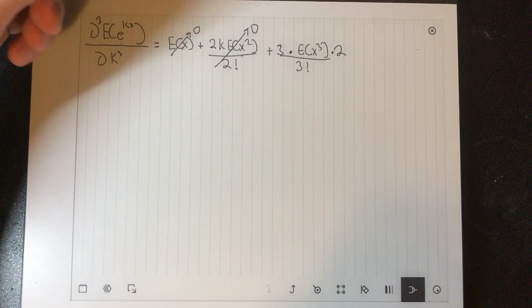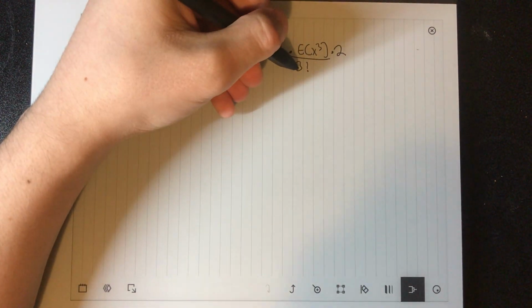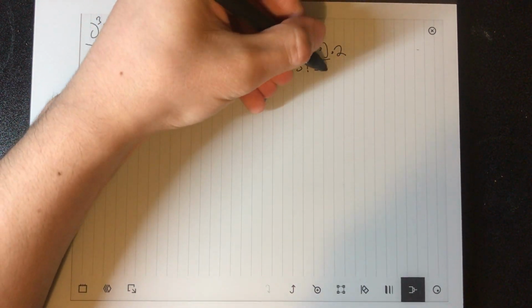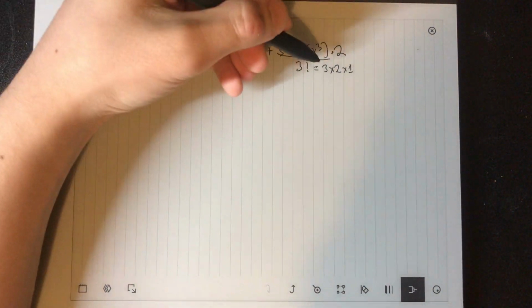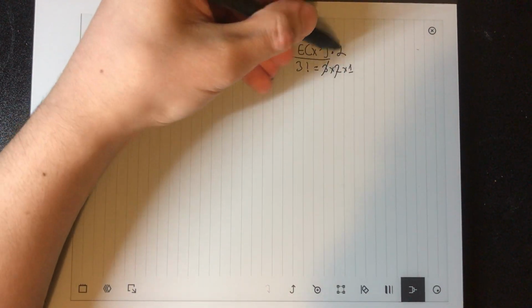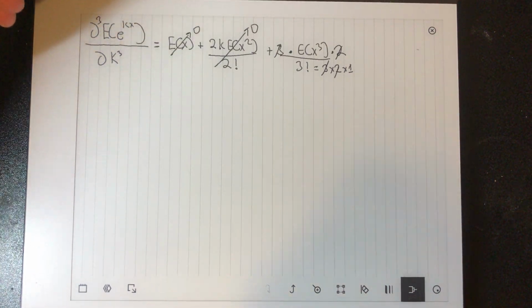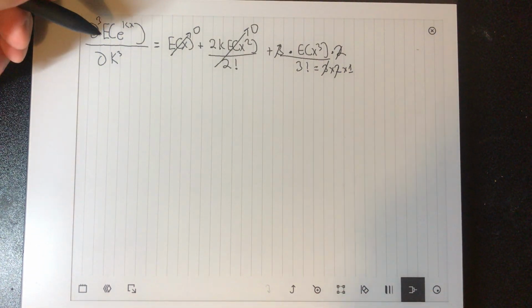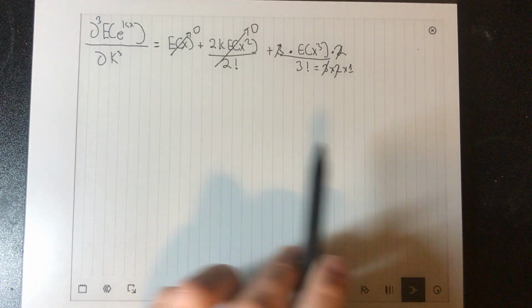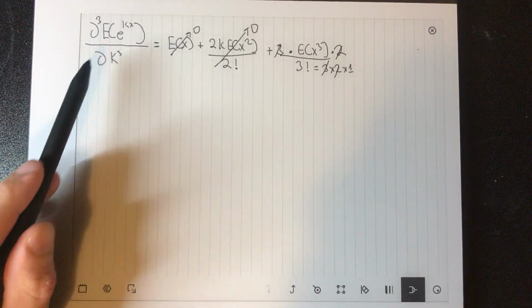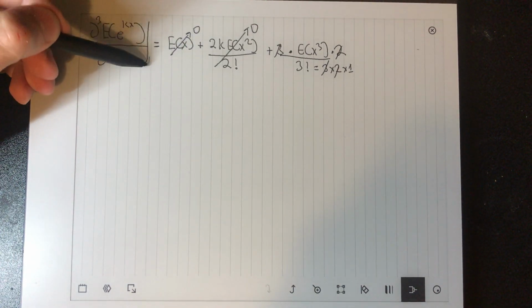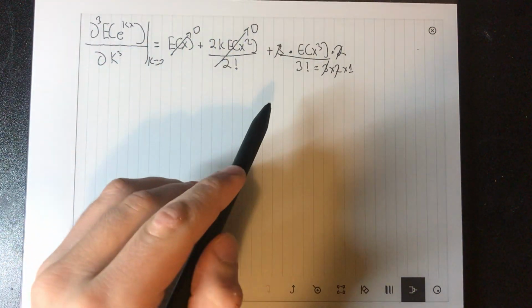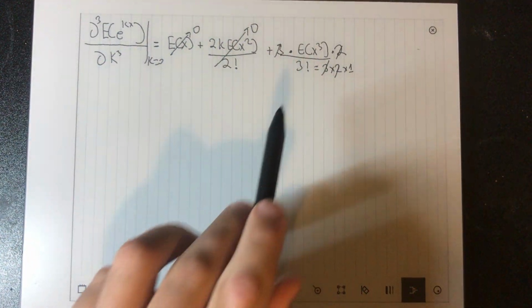And now the 3 factorial is equal to 3 multiplied by 2 multiplied by 1. And hence those cancel out, and we do find that the third derivative of the moment generating function with respect to k, setting k equal to 0, does give us the third raw moment.